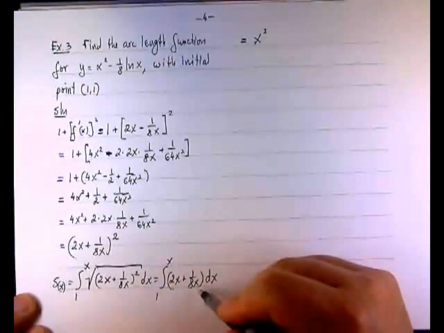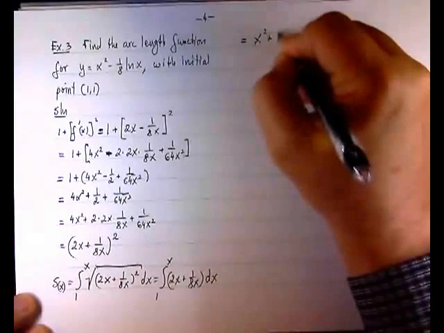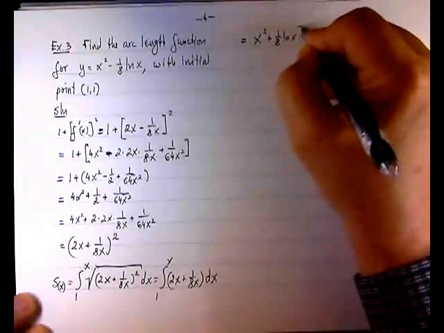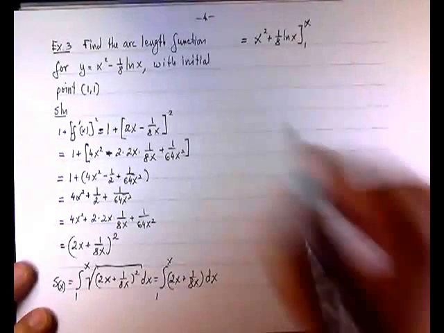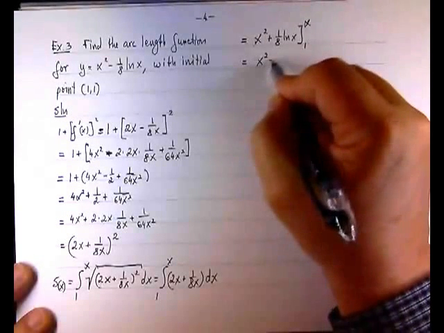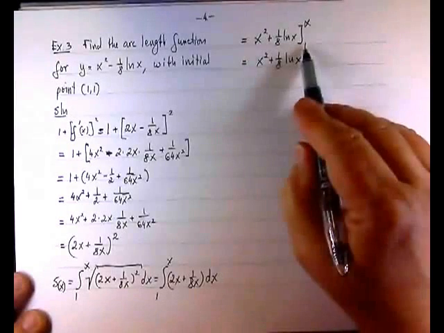It will be the integral of 2x, which is 2 times 1/2 x squared. So we have x squared, and then the integral of 1 over 8x is 1/8 natural log of x, evaluated from 1 to x. Okay, so we're almost home.